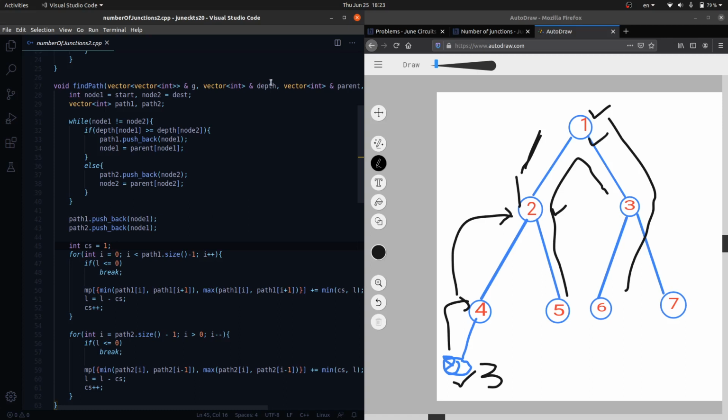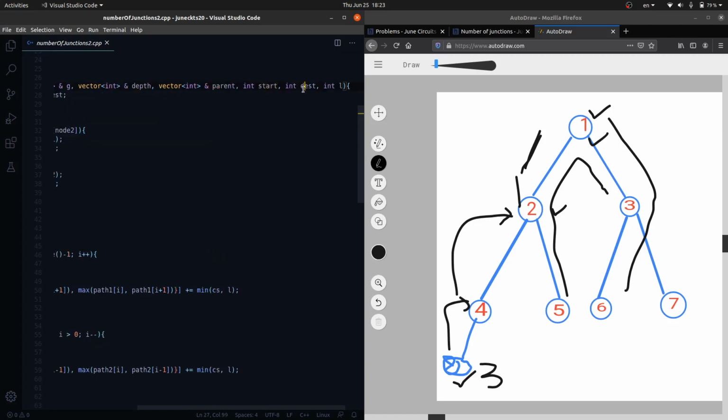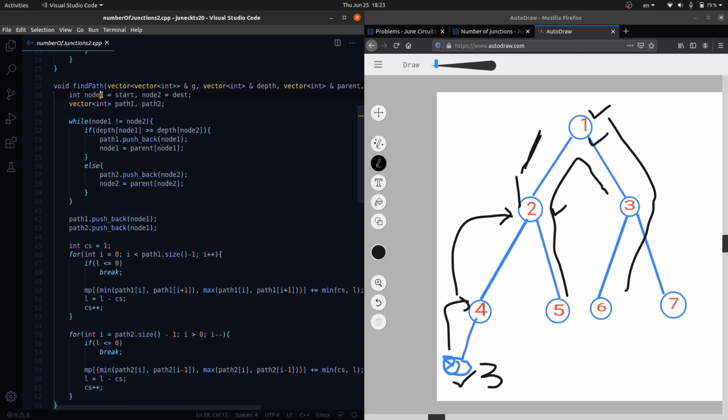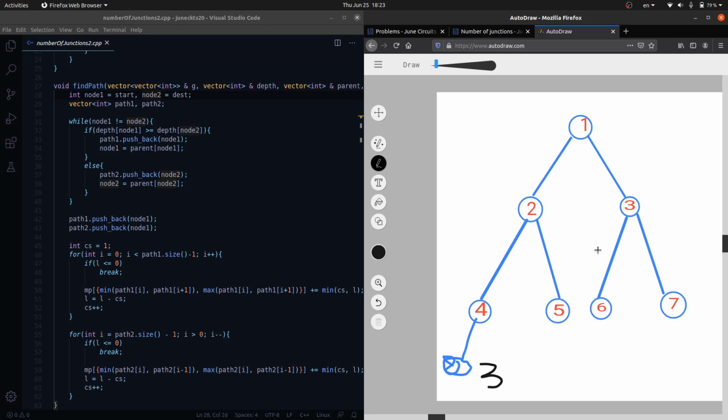So this is the start node, this is the destination node, and this is the total capacity. So this is node 1, this is node 2. Suppose we want to find the path from 8 to 3. So this is node 1, this is node 2.